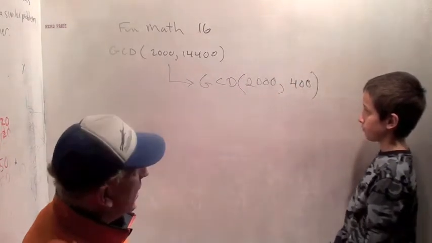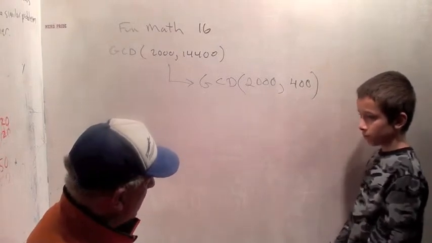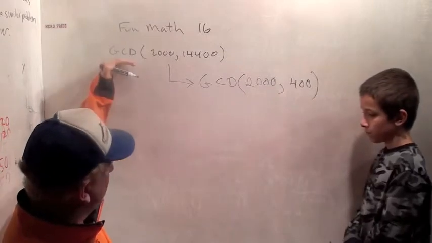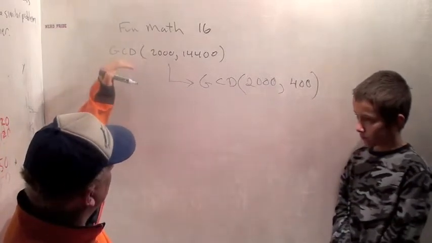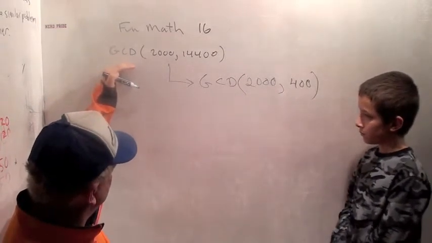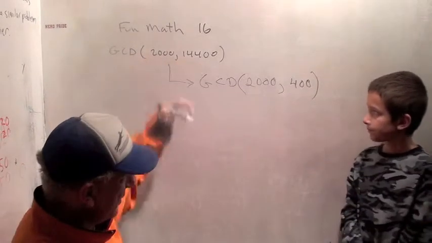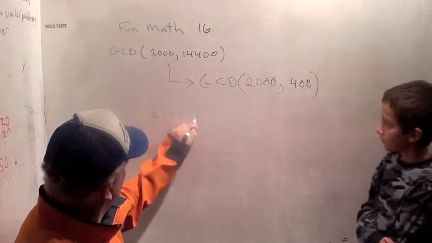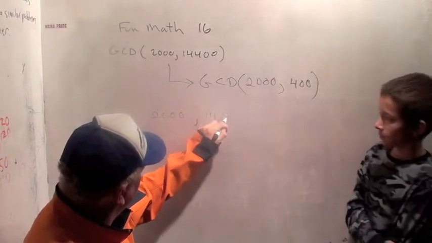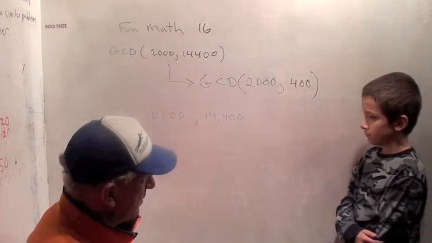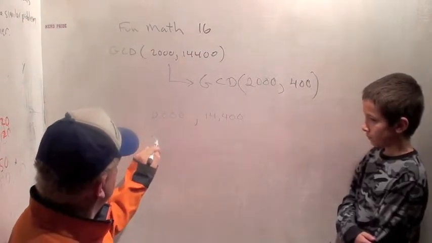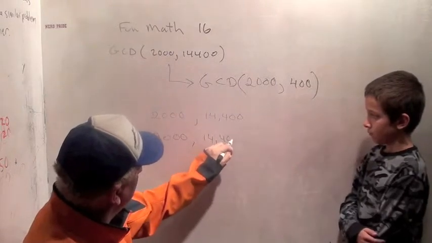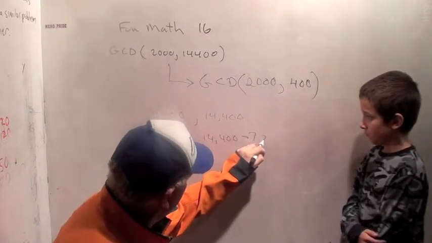Now let's just see why this works. We're looking for the greatest common divisor, which means the biggest number that goes into 2,000 and 14,400. So if a number goes into 2,000 and 14,400, that means it also goes into 2,000 and 14,400 minus 7 times 2,000.